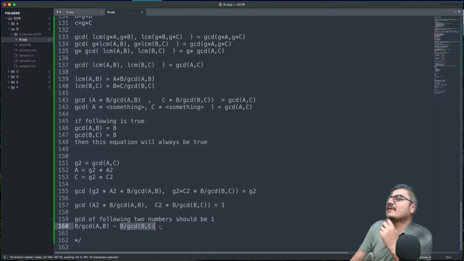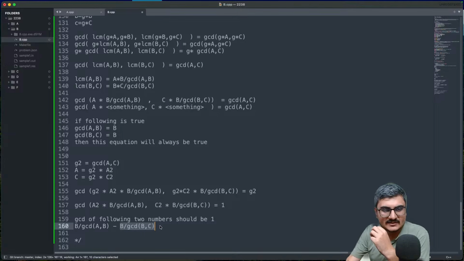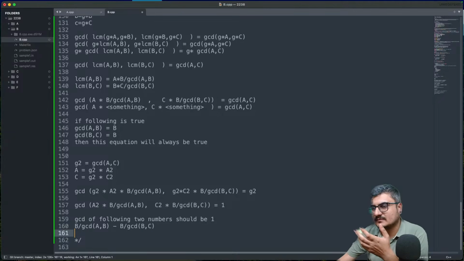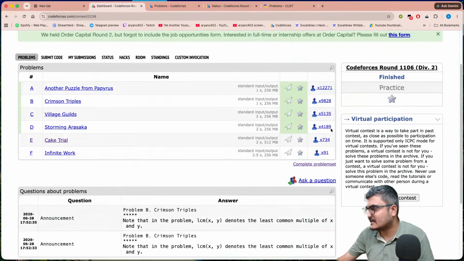Or let's see, if I can probably simplify this a bit further. How do I put it? Let's say B is 100. Let me see if someone has a better derivation over here.